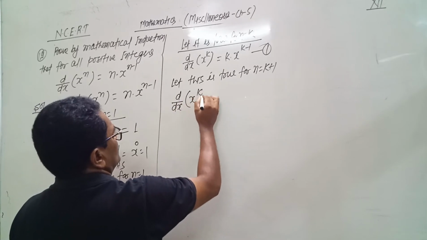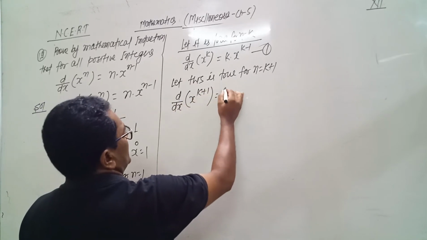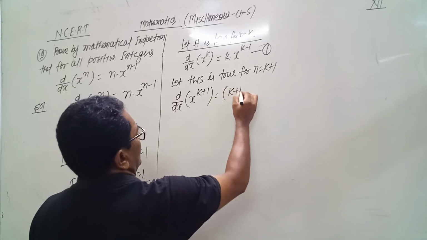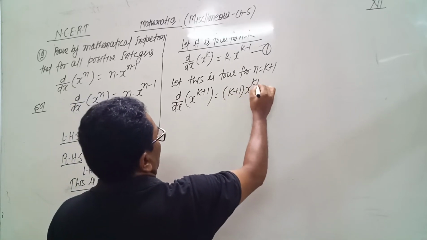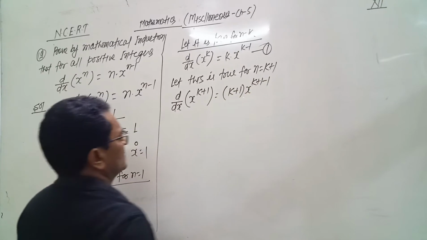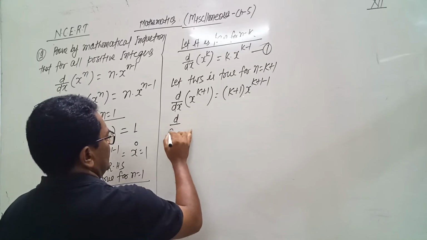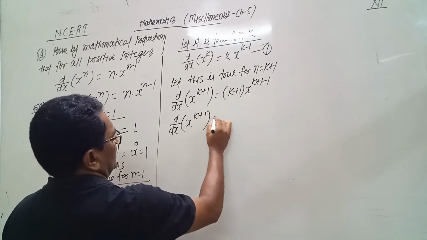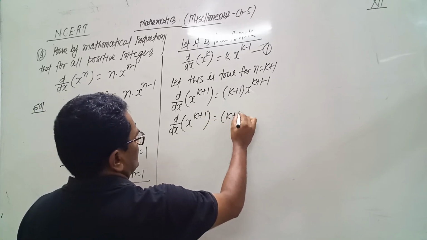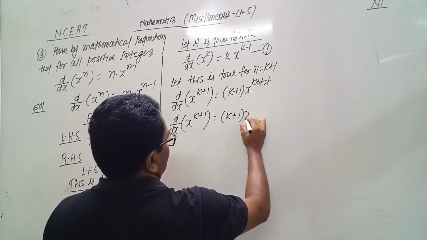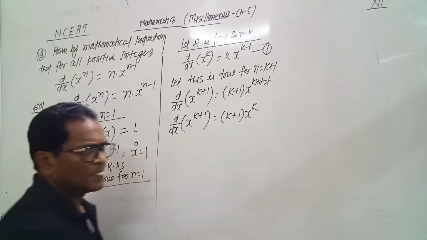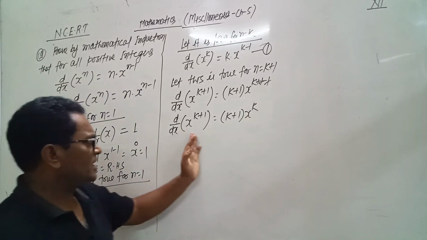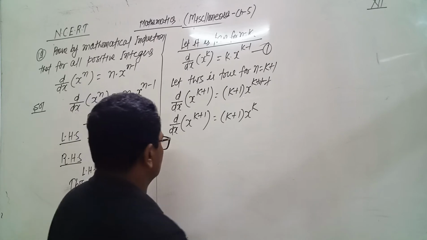So d by dx of x raised to the power k plus 1 equals k plus 1 into x raised to the power k plus 1 minus 1. So we get d by dx of x raised to the power k plus 1 equals k plus 1, and 1 cancelled, x raised to the power k. Now we will prove that LHS equals RHS.